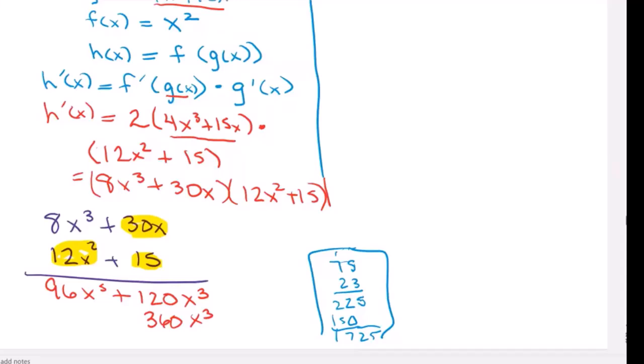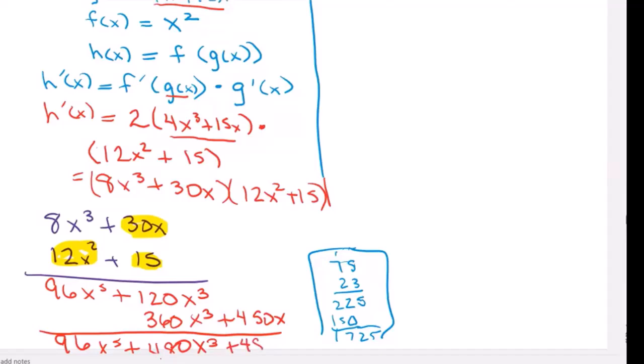Then I multiply 30x times 15, and I get plus 450x. So I can add down. I get 96x to the 5th plus 480x to the third plus 450x. And you can FOIL it if you'd rather.